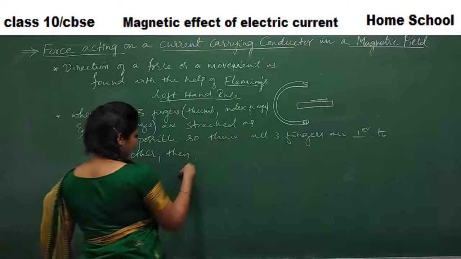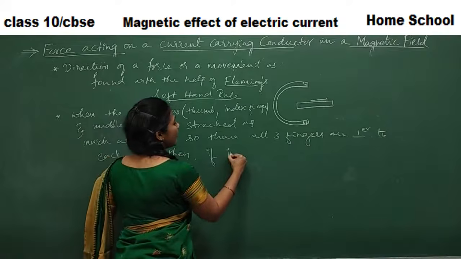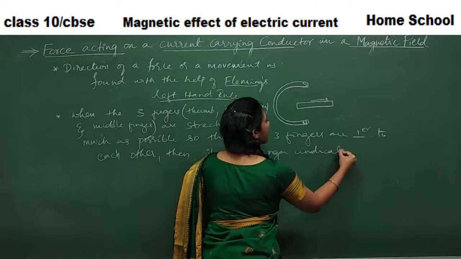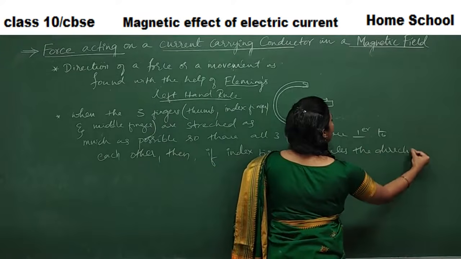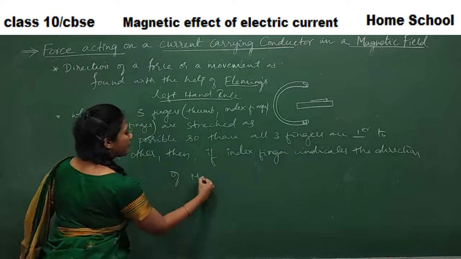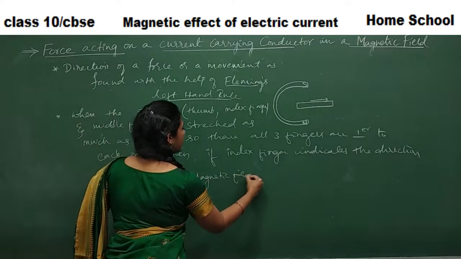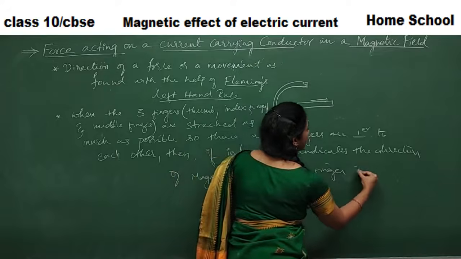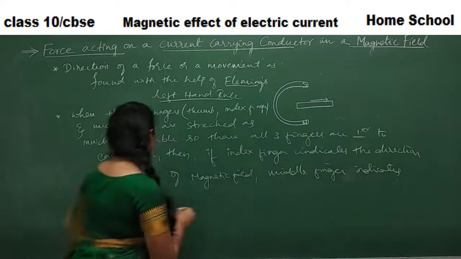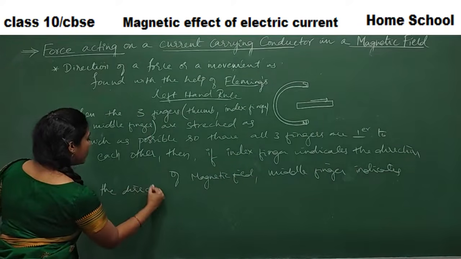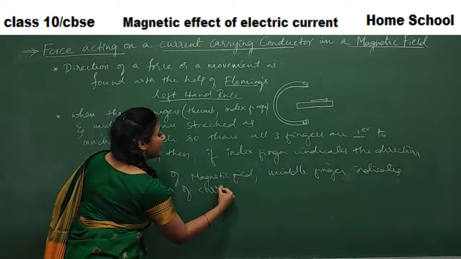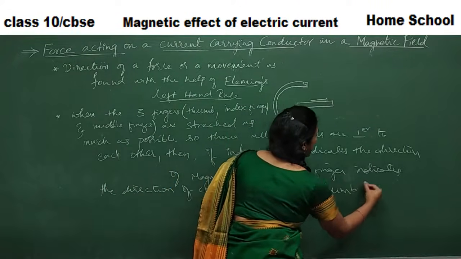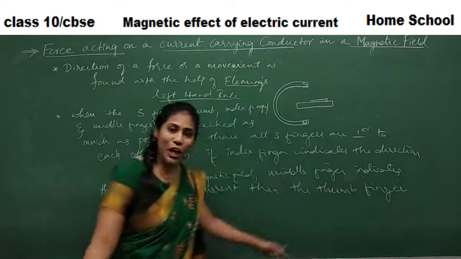Then, very important, if the index finger indicates the direction of magnetic field, the middle finger indicates the direction of current, then the thumb finger gives the direction of force.